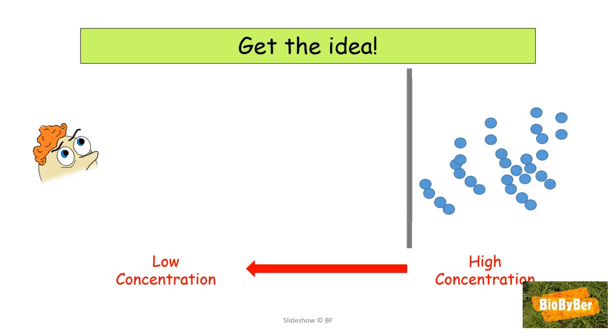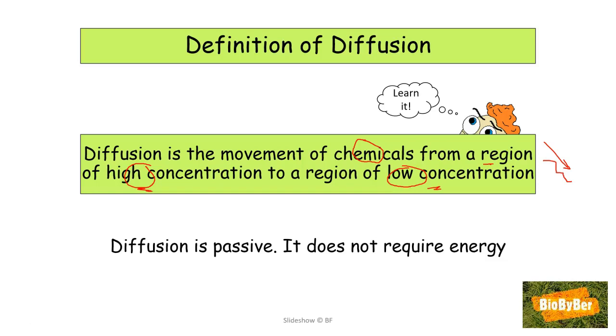Imagine that I open a bottle of perfume. As we all know, the scent will travel through the room and eventually the person at the back will get to smell it. The chemicals are moving from an area of high concentration. Let's go back for a quick look at our definition.